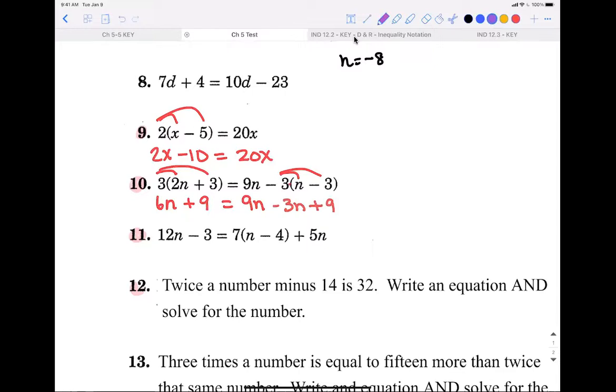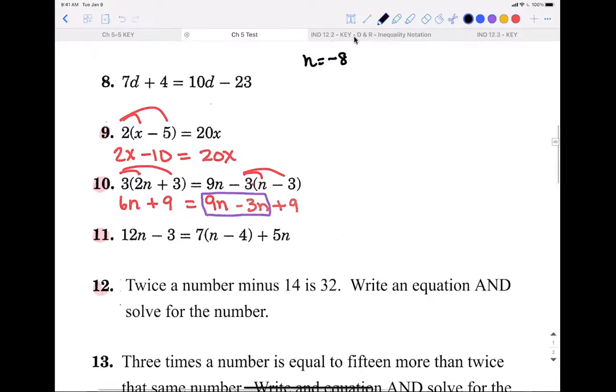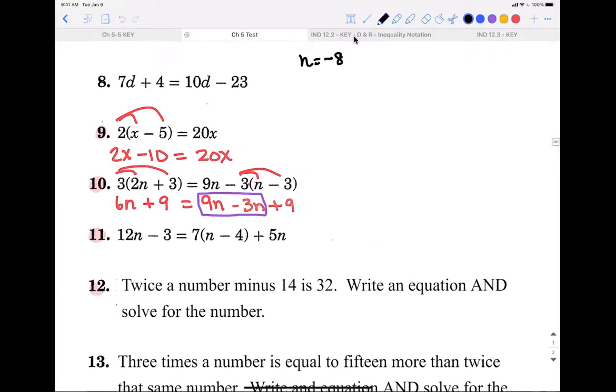And then combine like terms if you can. Well, I've got a 9n and a negative 3n together on the same side of the equation. So that means I'm going to have 6n plus 9 equals, what's 9n minus 3n? I'm going to combine those two together. It'll be 6n plus 9.